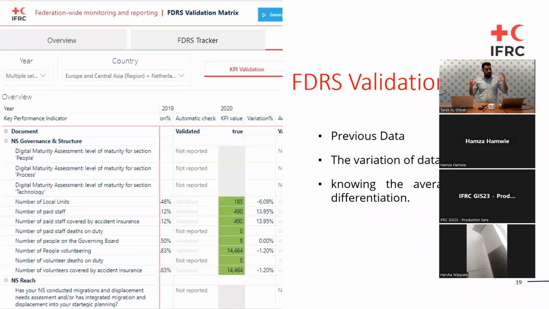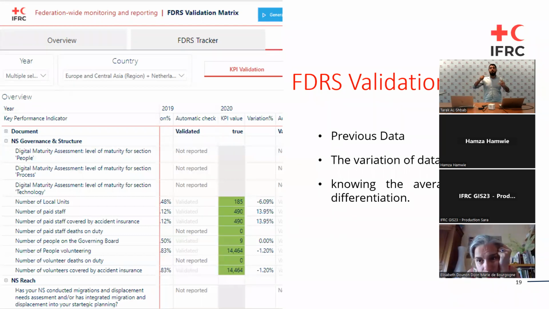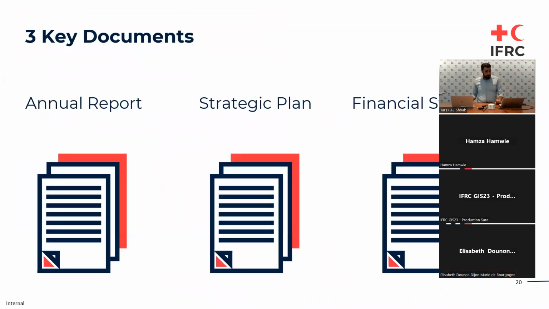So this is the FDRS validation matrix: previous data, the variation of this data, and knowing the average of differentiation. And inside we can decide what goes next in the system. But we have three key documents that are important here.